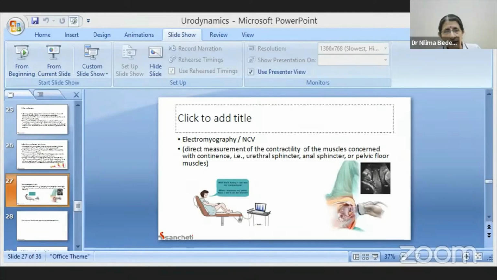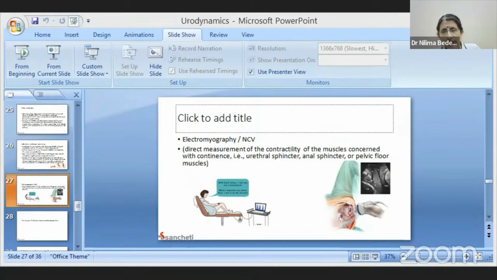Also, there can be incomplete voiding or residual urine. The person says that in spite of passing urine, they don't feel that the voiding is complete. They feel that there is some urine still left. How much the residual is, is very important to check, and that can be checked by doing a sonography test.